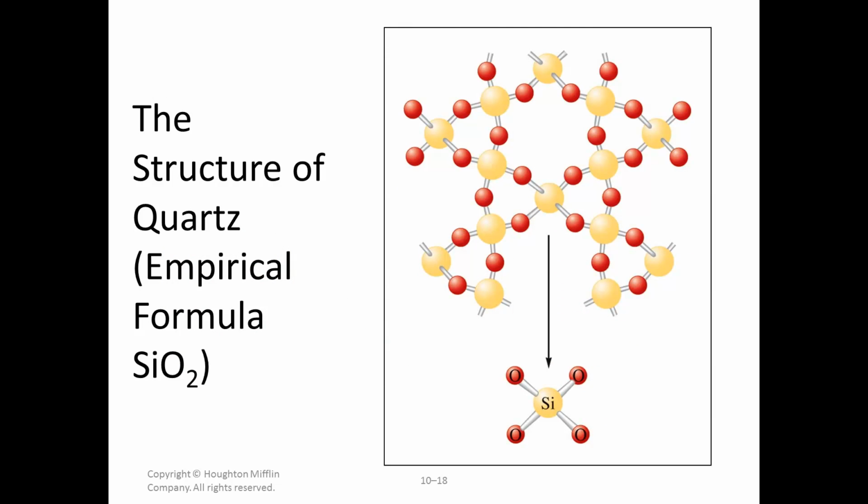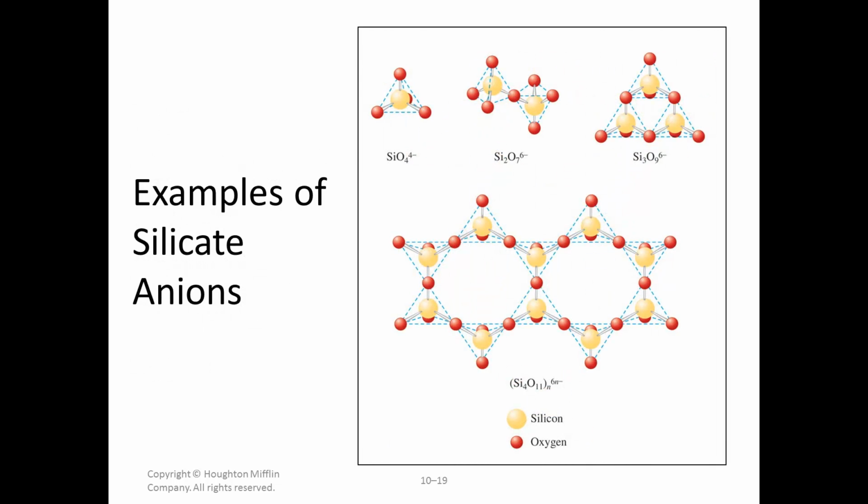Now let's look at some silicon dioxide structures. In quartz, we have various ordered arrays of silicon dioxide. There are many examples of silicate anions, which are combinations of silicon and oxygen.